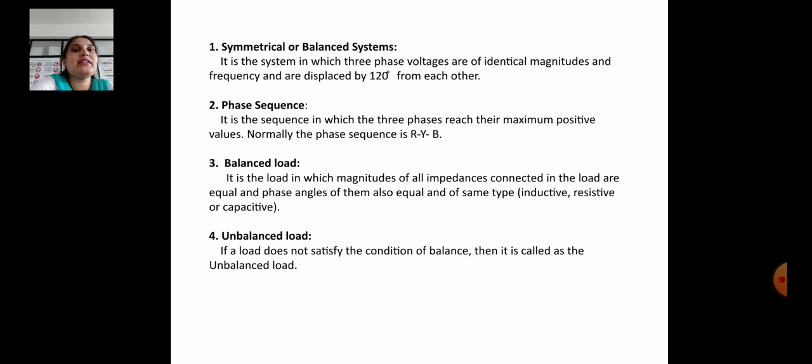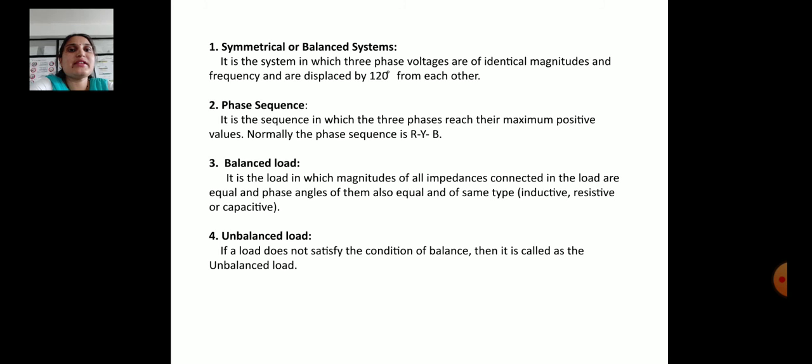Then we can say that the system is symmetrical, or balanced. If all three phase voltages are not identical in magnitude, or they are not displaced by 120 degrees from each other, then we say it is a non-symmetrical or unbalanced system.